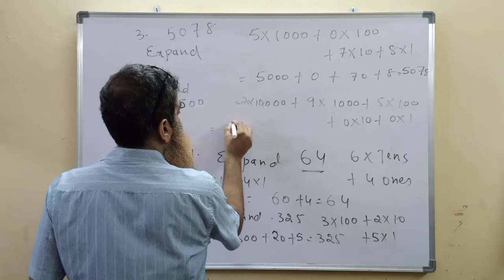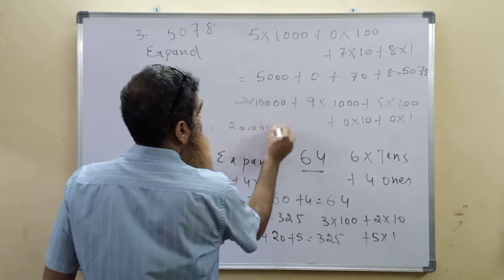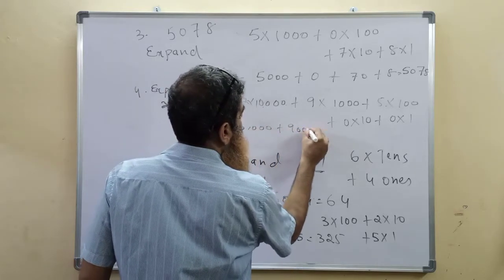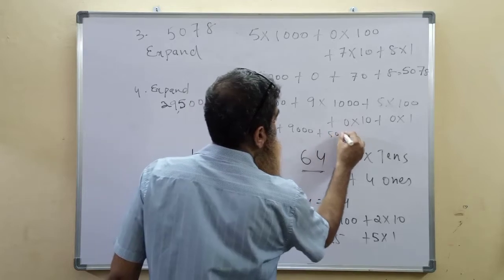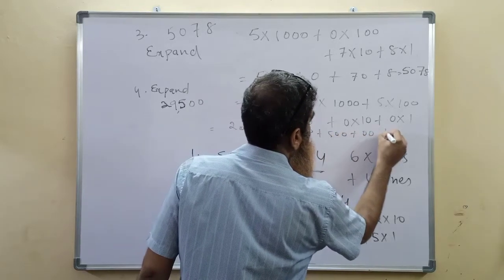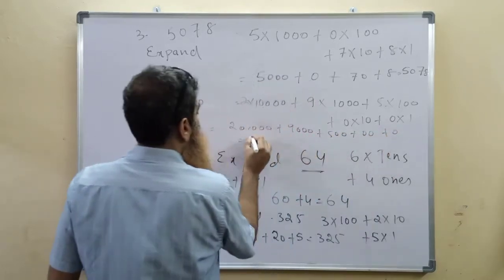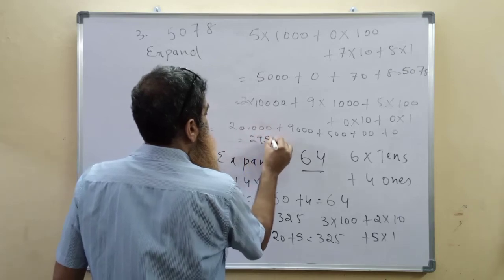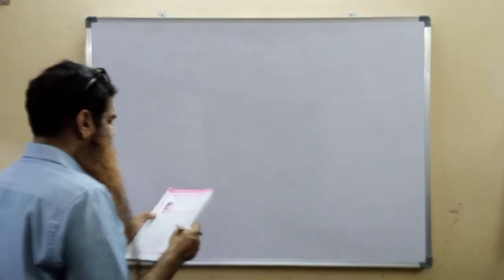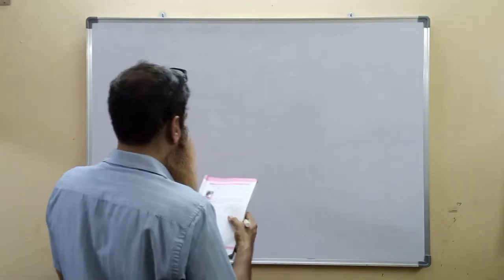So that is 20,000 plus 9,000 plus 500 plus 0 plus 0, that is equal to 29,500.